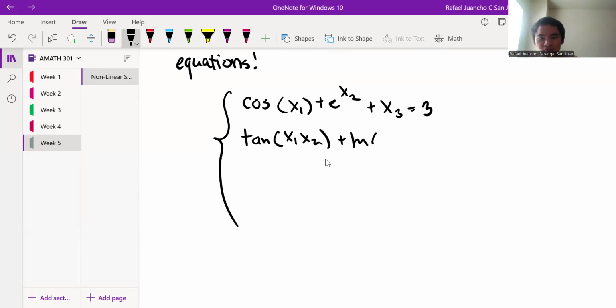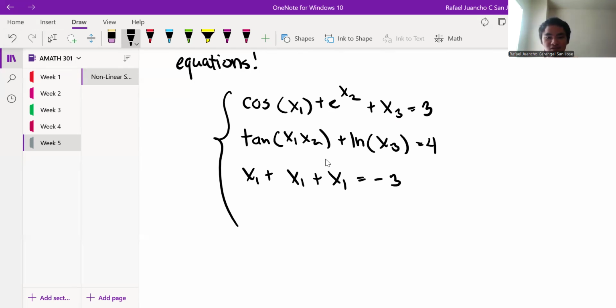Then here it's a natural log of x_3. This is equal to 4. And then lastly, we have x_1 plus x_2 plus x_3 is negative 3. So that's a nonlinear system.